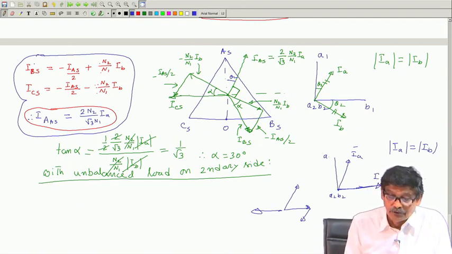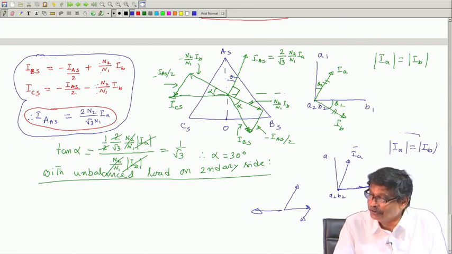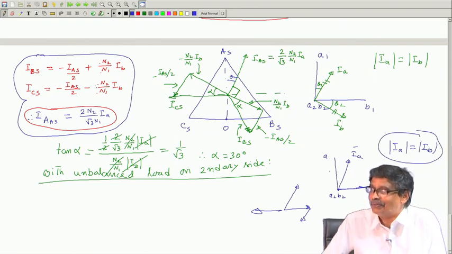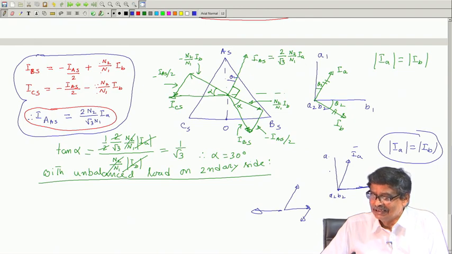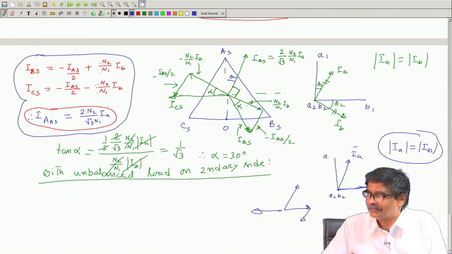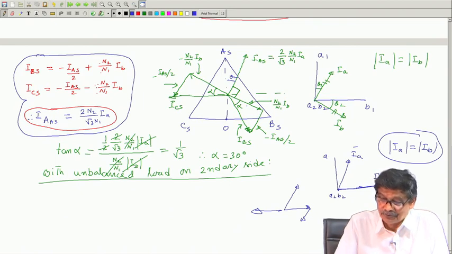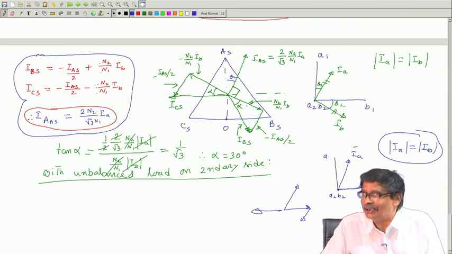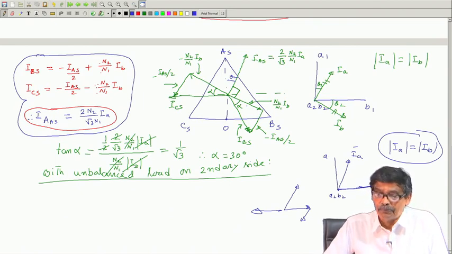But if it is unbalanced load, I will not be able to use this information, and that is why this angle alpha etcetera will be different, and it will not come so nice as 1 by root 3, why should it? Got the point.